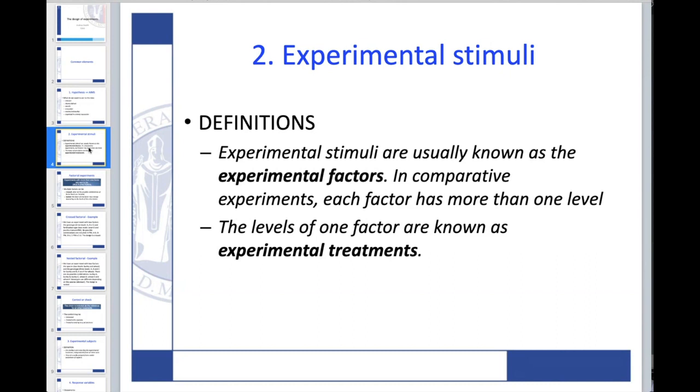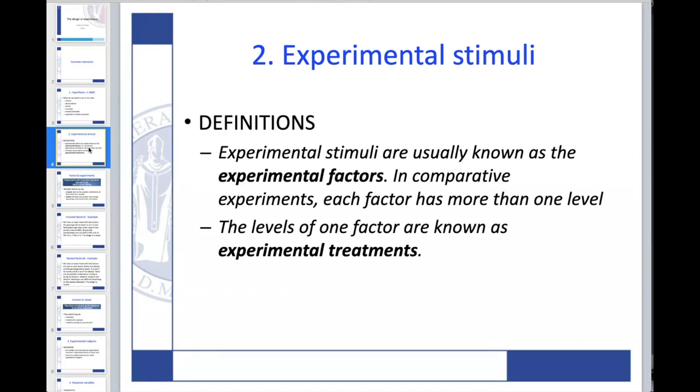So this is the way we talk about the stimuli: experimental factors, or simply factors. Factors are the treatments. When we have a comparative experiment, one factor has more than one level, and the levels are called experimental treatments.